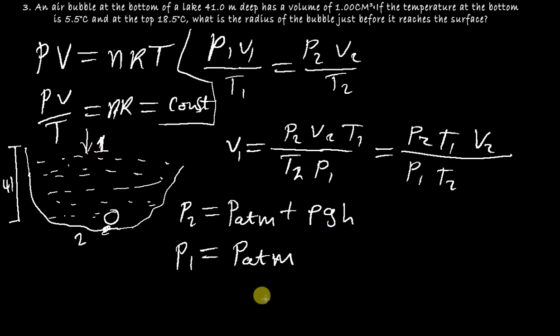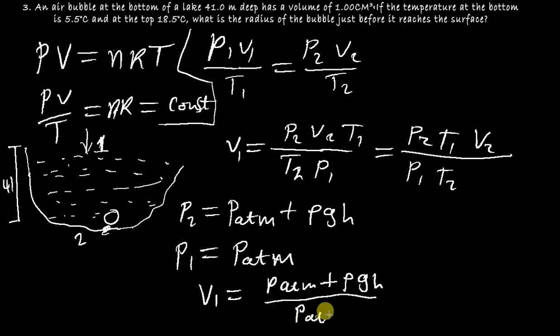So we can rewrite this as V1 is equal to P2, which is simply P atm plus rho g h, over the atmospheric pressure, which is the pressure at point 1, and then everything times T1 over T2.